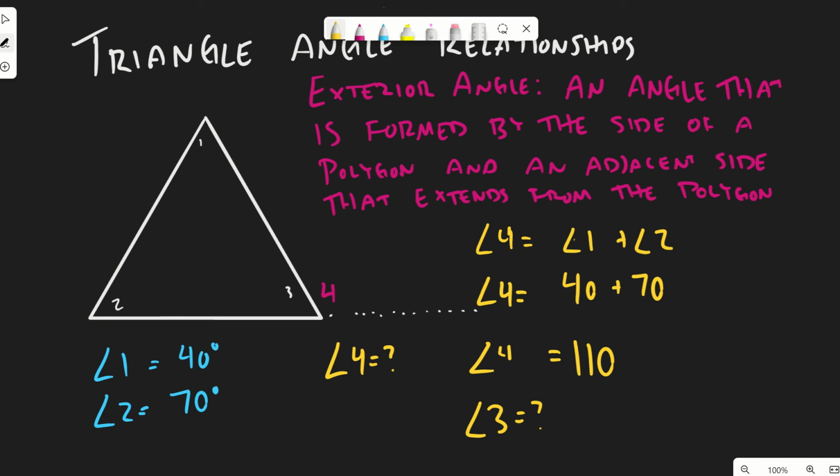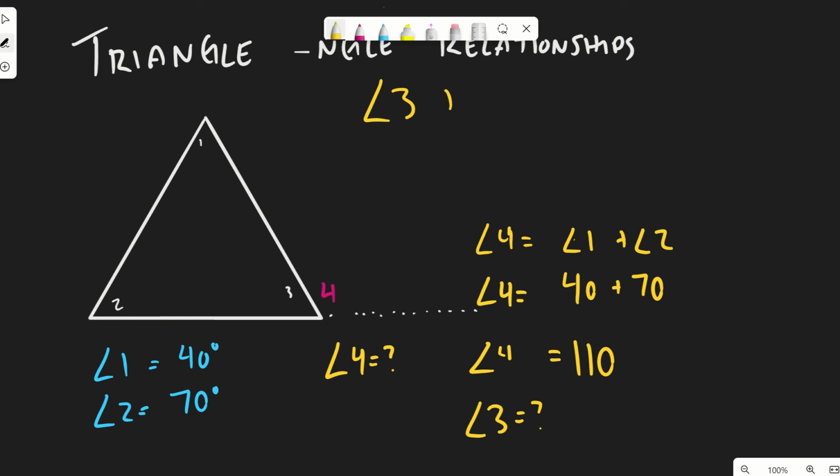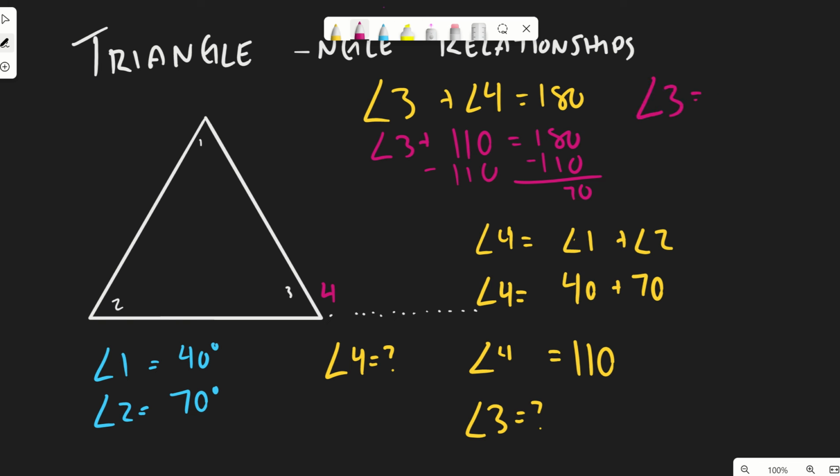Back to what we talked about earlier, angle 3 plus angle 4 equals 180. I know angle 4 is 110, so if I minus away my 110, I get angle 3 equals 70 degrees.